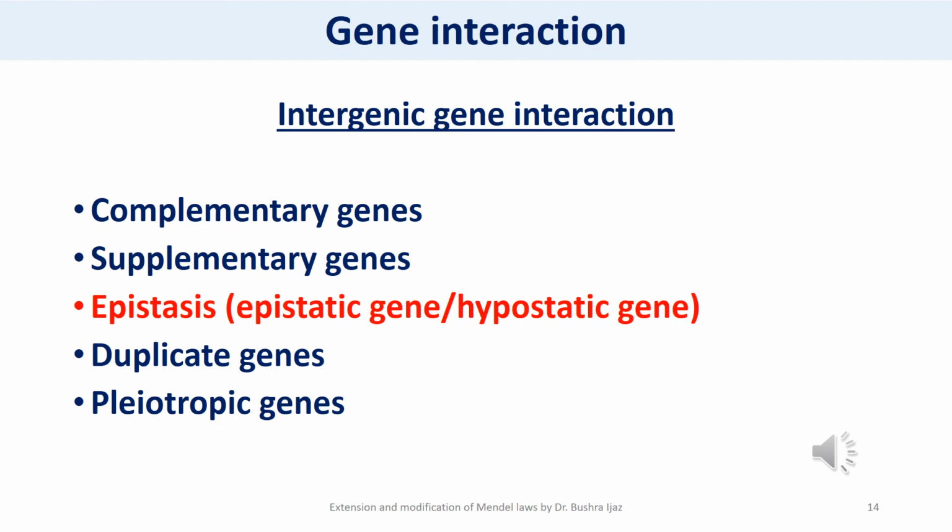Duplicate genes are two identical genes showing the same phenotypic action, but they are localized in different regions of a chromosome or on different chromosomes, and it is known as a duplicate gene. Then we have pleiotropic genes. When a gene affects many aspects of the phenotype or controls several phenotypes, it is said to be a pleiotropic gene, and the phenomenon is called pleiotropy.